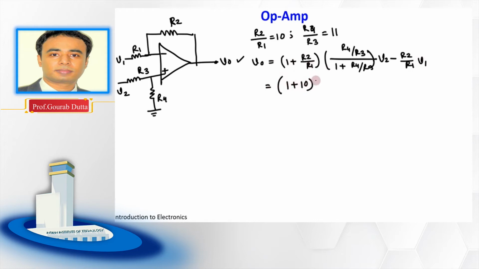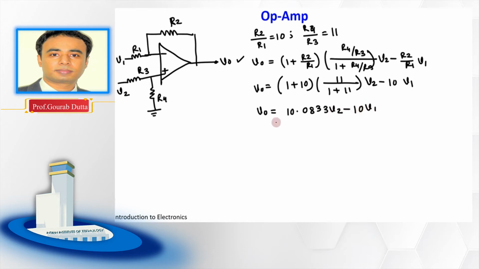Here R2 by R1 is 10, R4 by R3 is 11, so 1 plus 11, and again 10 for the V1 term. So V out, if you do the calculation, is 10.0833 V2 minus 10 V1.